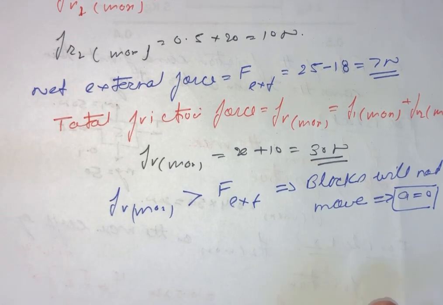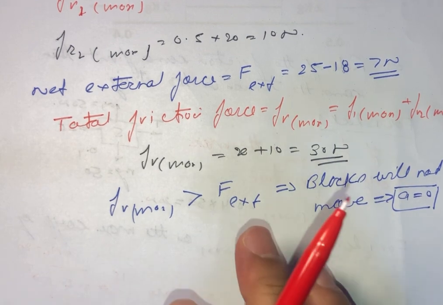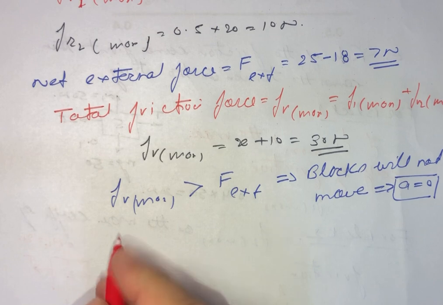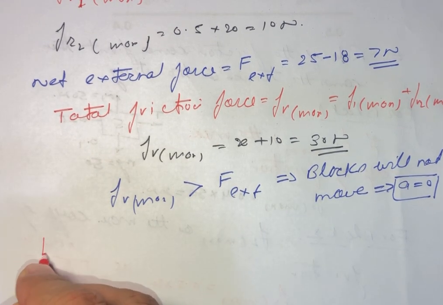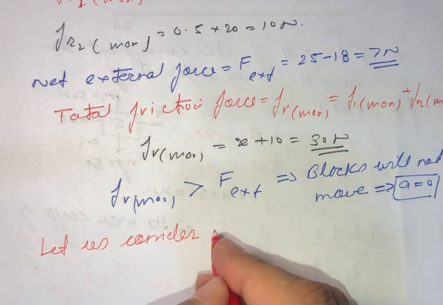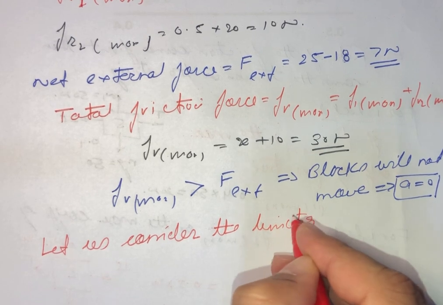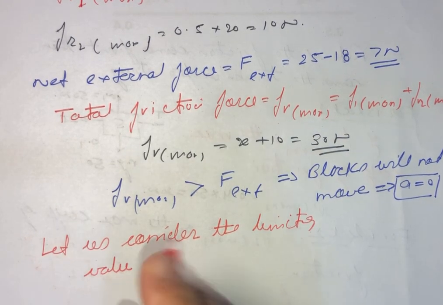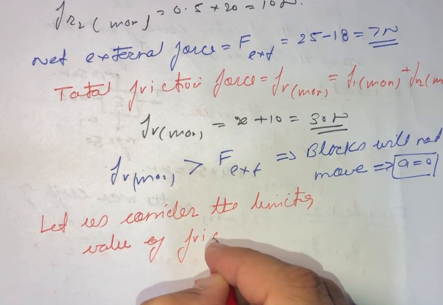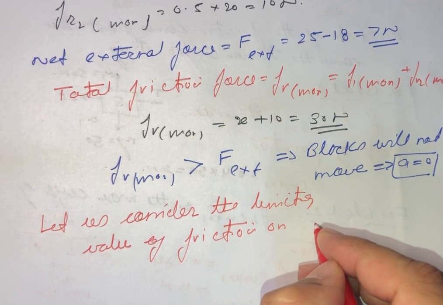Okay. Next, once again we define the limiting value to one of the blocks, and then we calculate the condition. Okay, we say, let us consider the limiting value of friction on 5 kg.